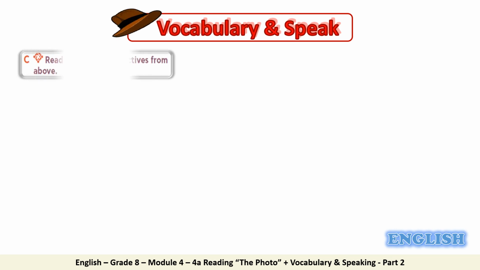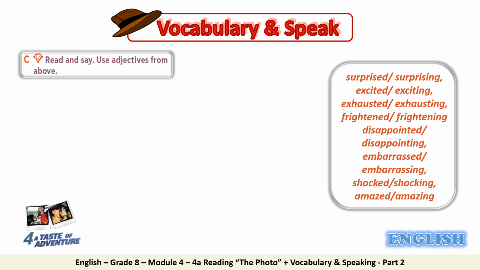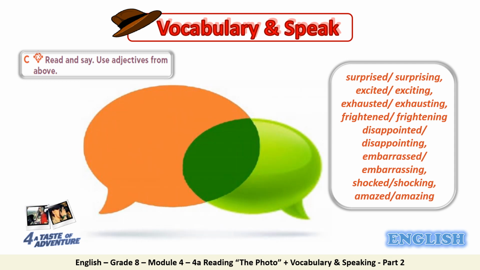Now let's move on to Activity C. Read and say. Use adjectives from above. You have all of them on the right side. Question number 1. How would you feel in the following situations? You see a spider on your bed.